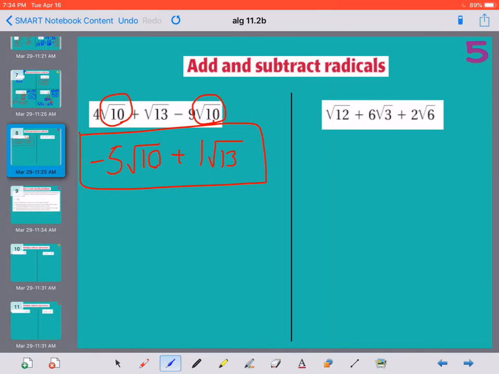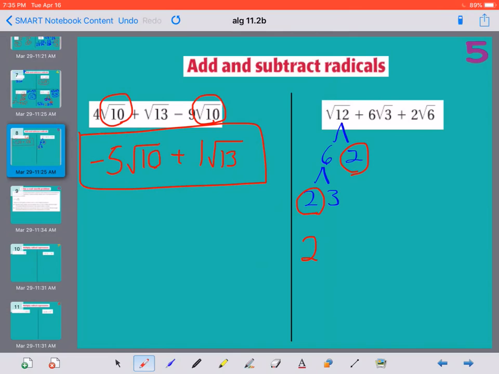Now here I don't see any of the same radicals, but what I do know is that I can factor out my 12. That's going to give me a 6 and a 2. My 6 can be factored then to 2 and 3. What I see that I have now is a pair of 2's.